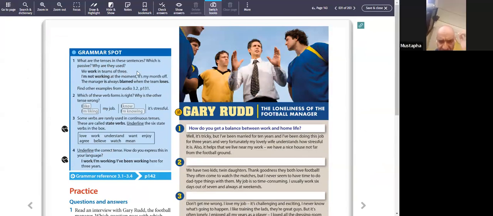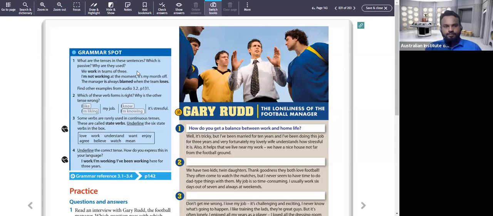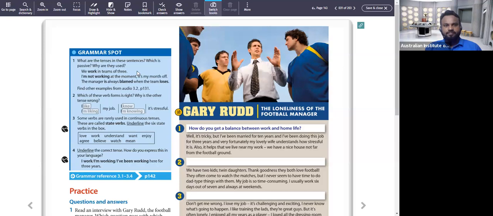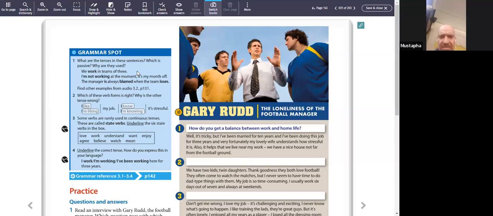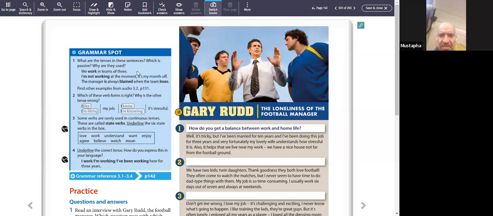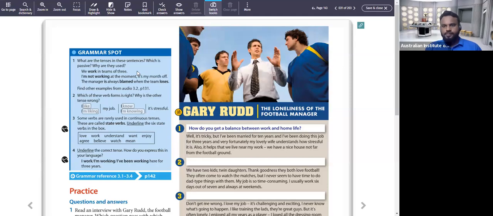Which tense is it? Take your time. We work in teams of 3. Which tense? See the characteristics of this tense?